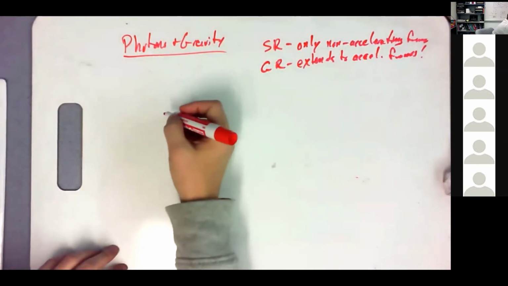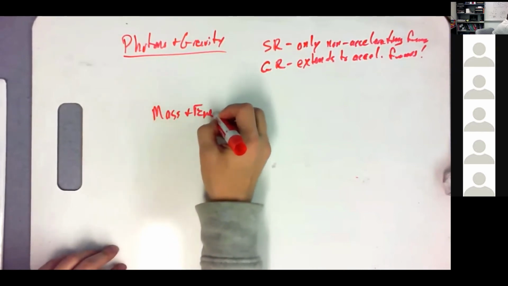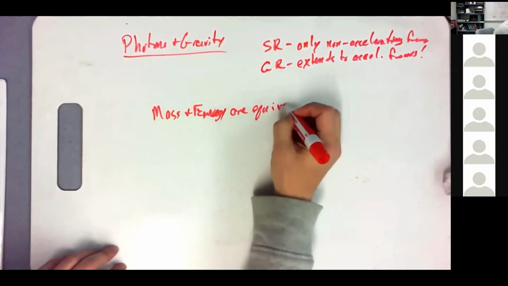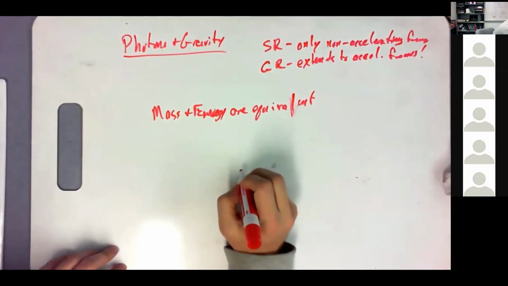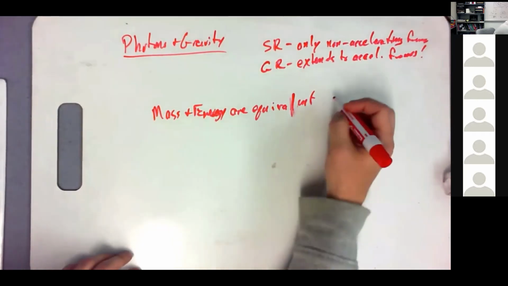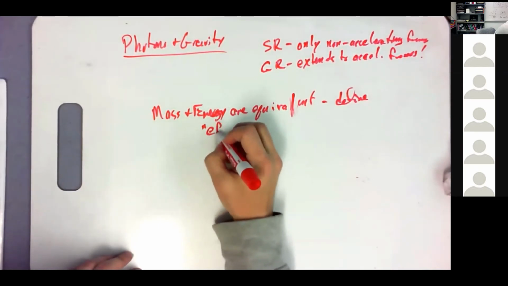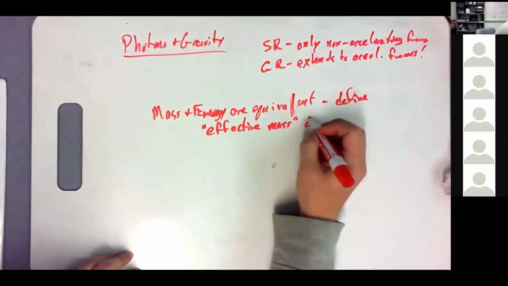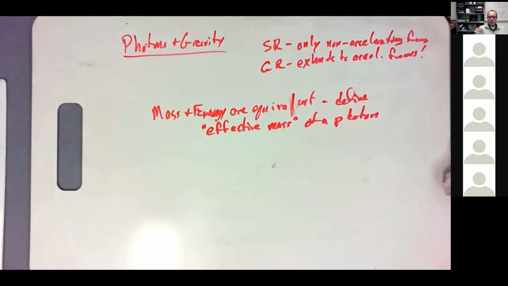So we already know that mass and energy are equivalent. We can, in fact, define the effective mass of a photon. We know, of course, that photons have zero mass, but we can talk about the effective mass of a photon based on its energy.